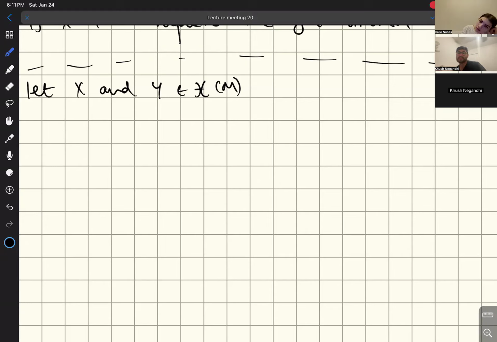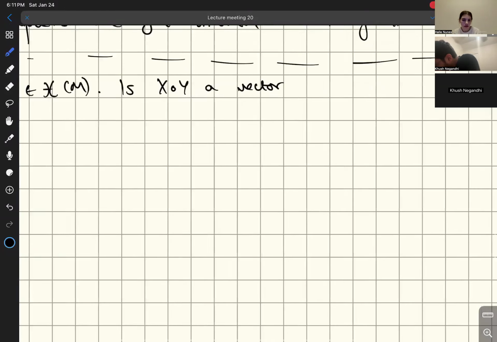But another way we can think of a vector field is as functions, right? Because that's how we saw it initially: at each point we take the derivative in the direction of X. Now the question is, can I compose these functions and still get a vector field?